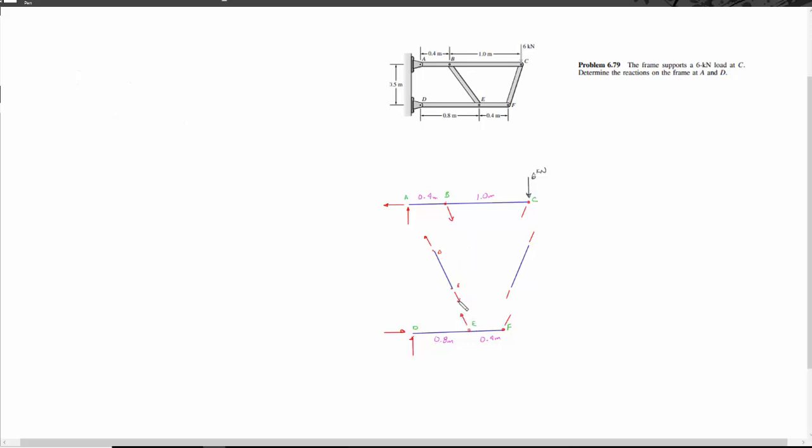So we're going to call this BE. So all these forces internally would also be BE. And over at C, I went ahead and drew them also. So all of these would be opposite and equal. This would be CF, CF, CF, and CF.